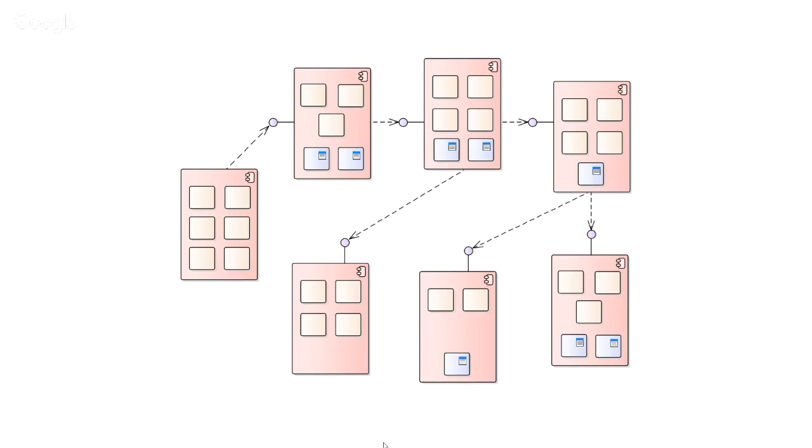And if some microservice needs data from another microservice, it just calls the API to get it. So it seems very logical, and this is probably what you would do first if you don't learn beforehand what problems it can bring.